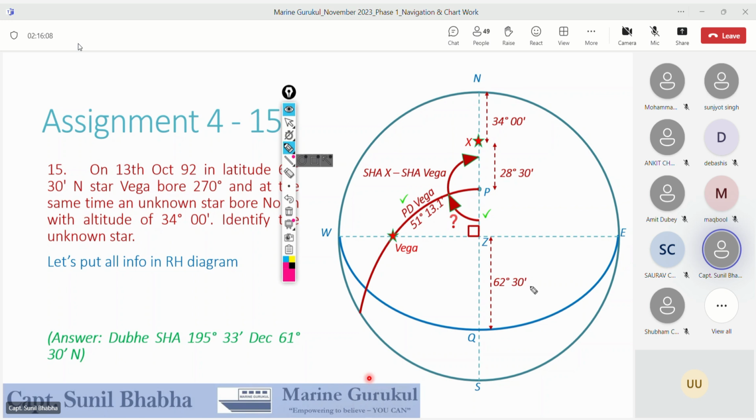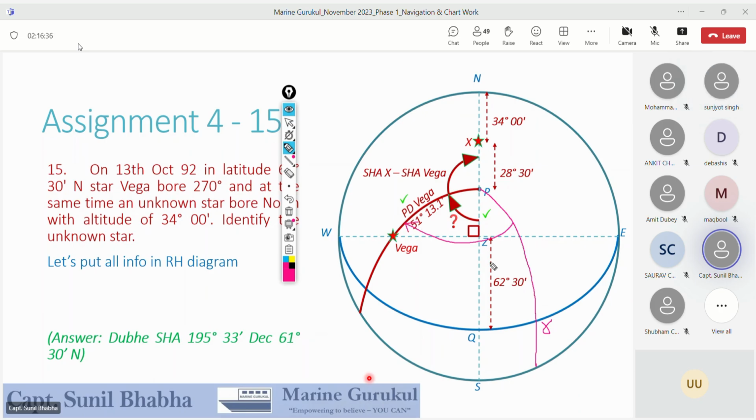Okay, let me show you. In this same diagram, okay, let's remove this. Let me show Aries in this diagram. Let us assume that Aries is somewhere here. Can you see Aries now? Yes, sir. Okay. If Aries is here, beta, SHA of Vega is going to be this angle. Correct.